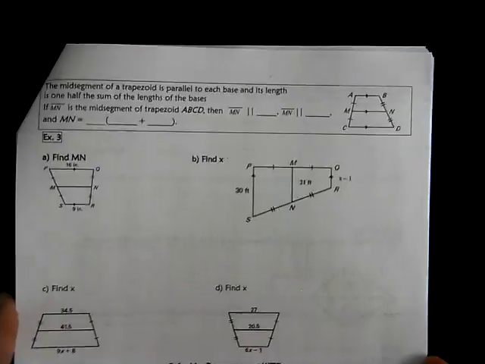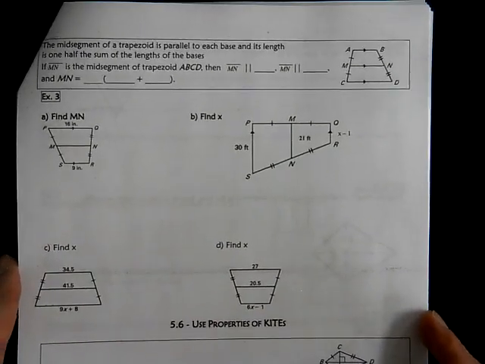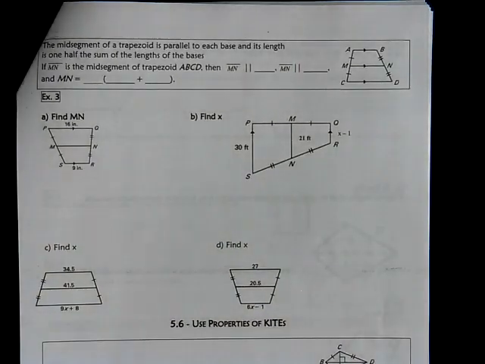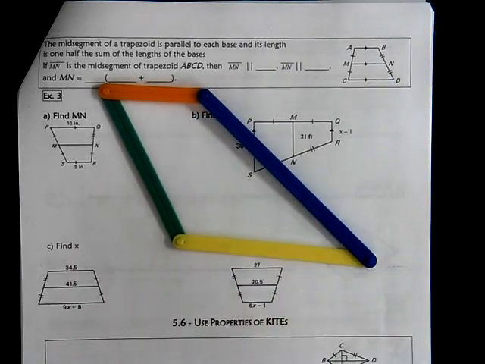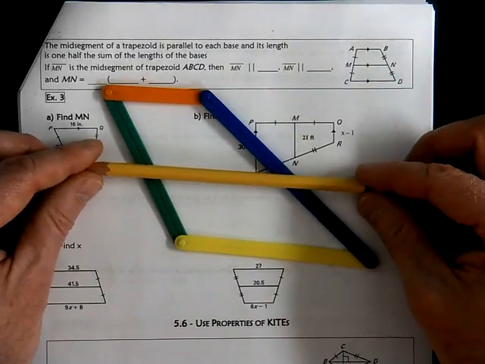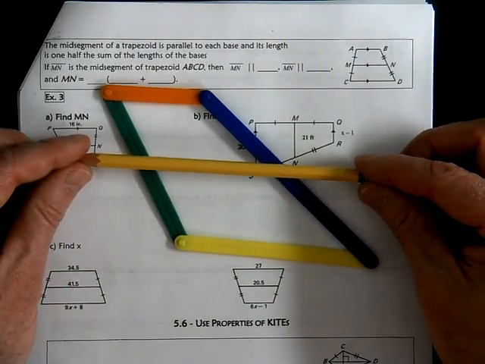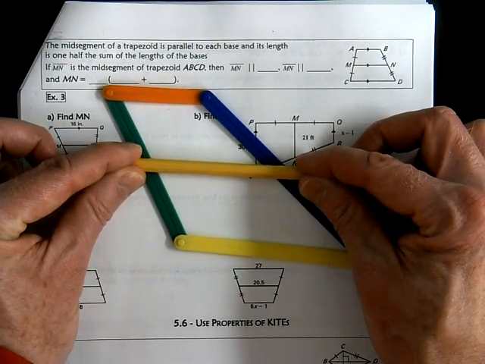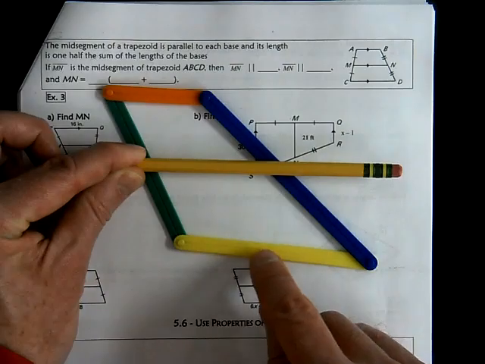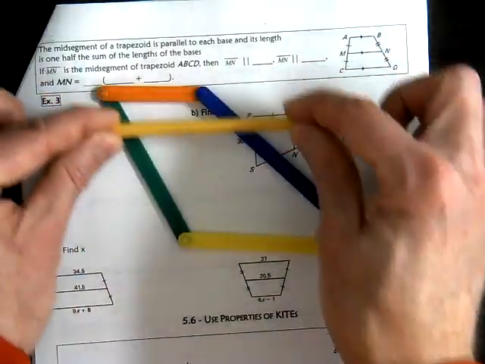All right, we'll flip it over. Here's the mid-segment stuff we're talking about. This will be on your final exam. So what we mentioned is this segment in here, as long as we're touching midpoint to midpoint, it's going to be parallel to the other two bases.